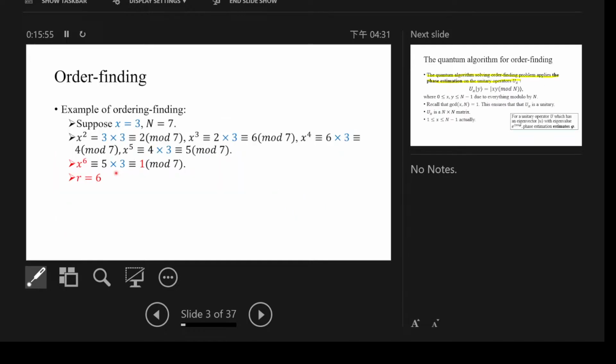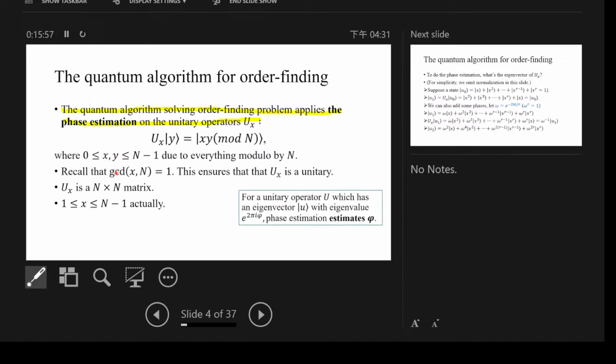Okay. And so how does our quantum algorithm work? I think the main part of the algorithm is actually not too hard. The main part is you want to do phase estimation on this multiplication-by-x unitary. So you think of a controlled quantum circuit that does this unitary.